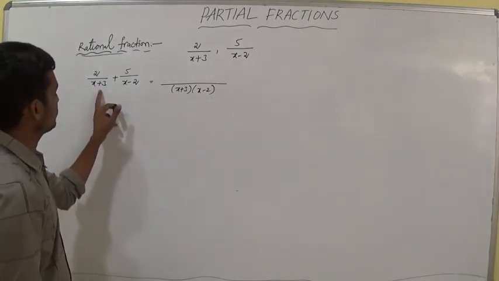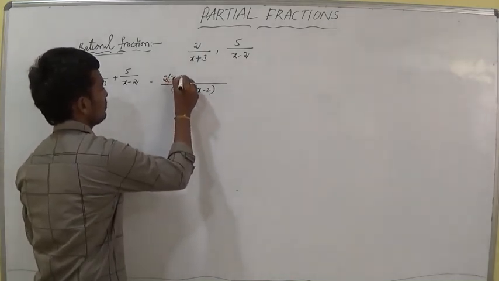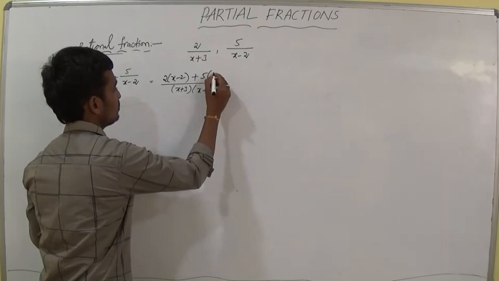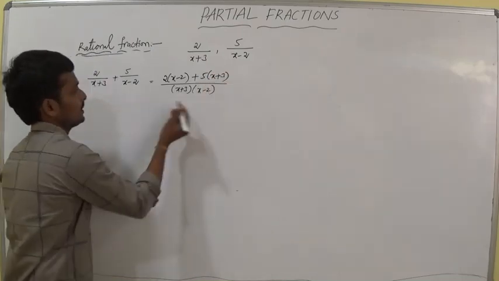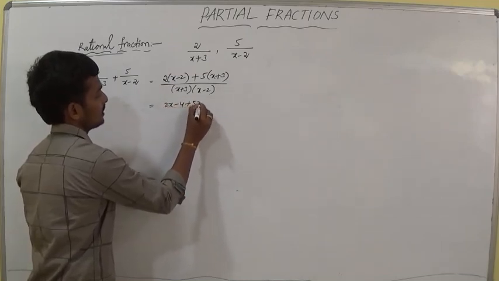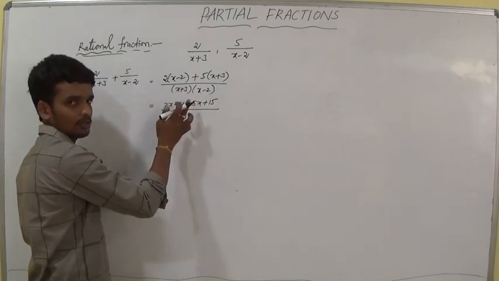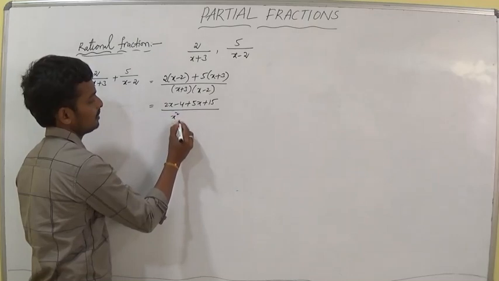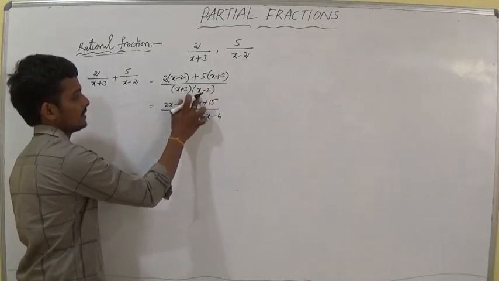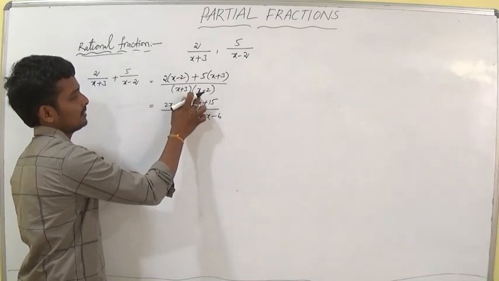For the first term, x plus 3, there is no x minus 2, that means 2 into x minus 2, plus 5 into x plus 3. So the multiplication gives 2x minus 4 plus 5x plus 15 by, shall we do the denominator also? x square plus 3x minus 2x minus 6.